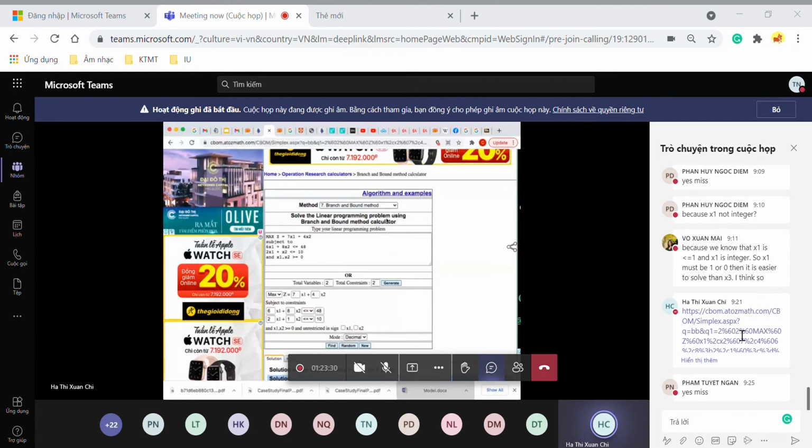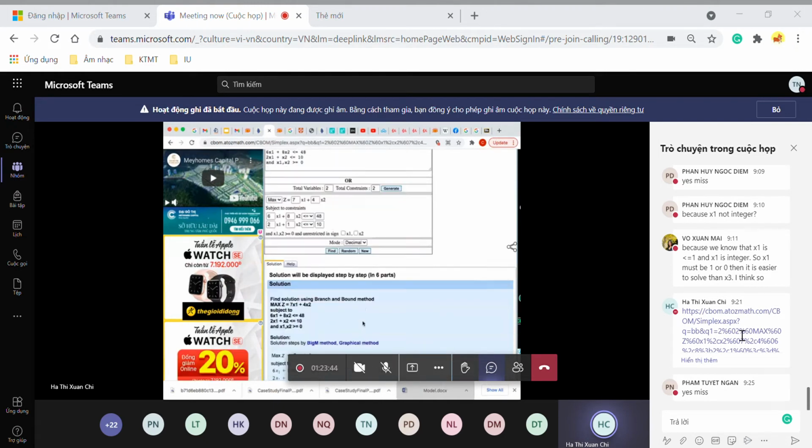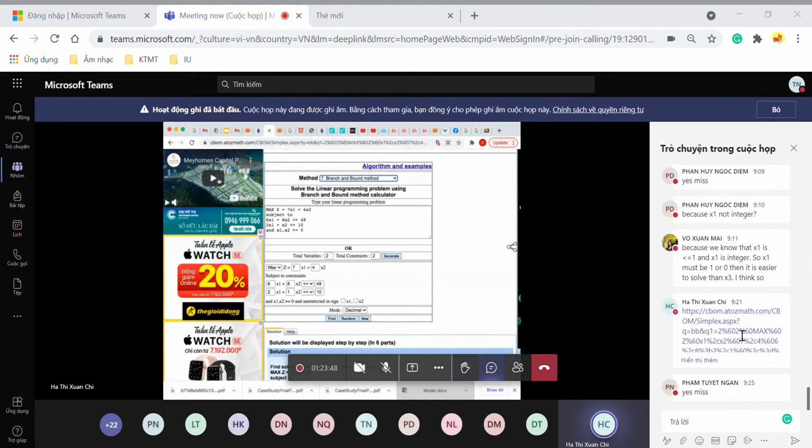You can select that, and you can solve the problem, whichever one you want. For example, with branch and bound, you can select the branch and bound and input here, and you find a solution. It just gives you. But go back to our lesson.